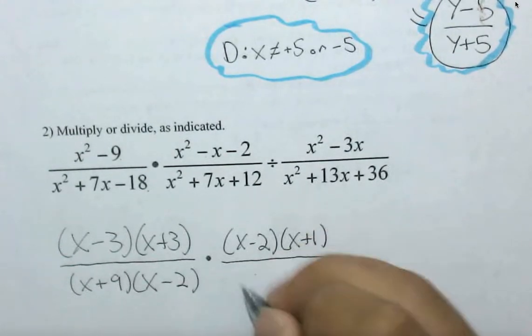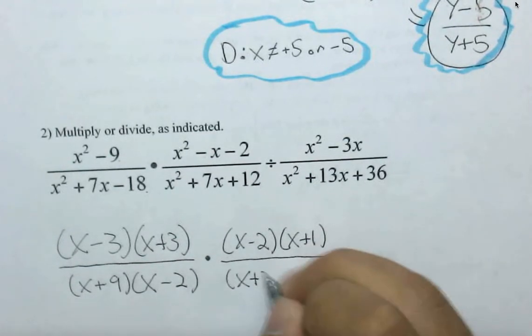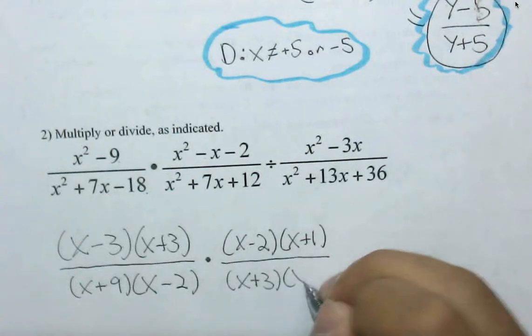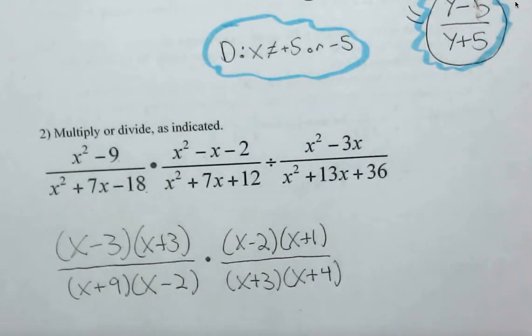Factoring this, product of 12, sum of 7, x plus 3, multiplying with x plus 4. If you want to start to cancel out x plus 3, go for it, but I'll take this further.